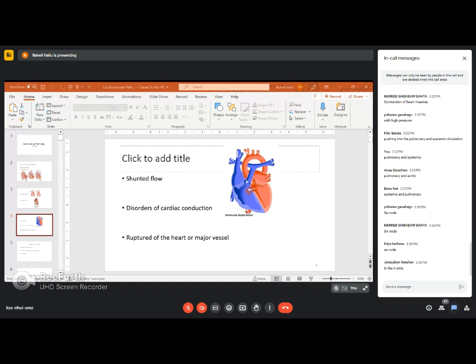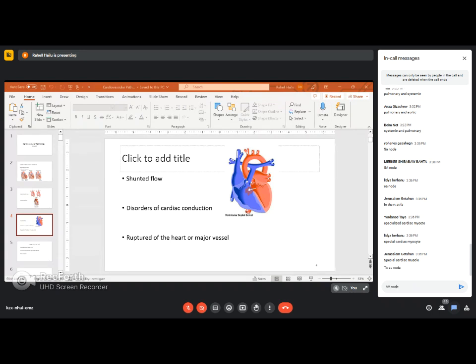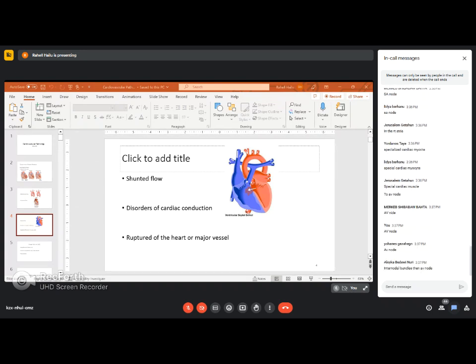Very nice. Structurally, what is the SA node? Is it a nerve? Is it a vessel? Yeah, it's a muscle tissue, but a special kind of muscle tissue that can transmit impulses, meaning it conducts electrical signals. So after the SA node, what comes next?